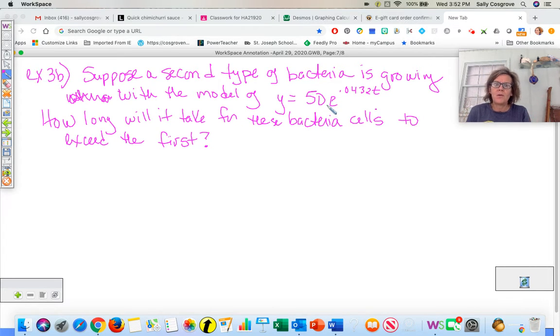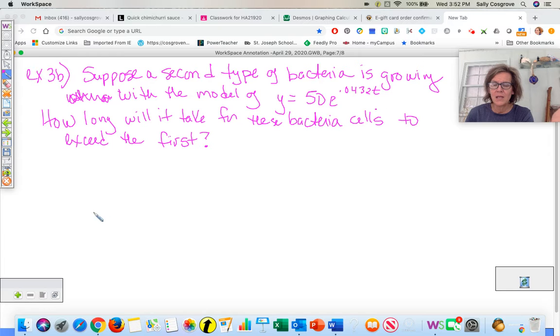So even though the first example is starting out with more, since the second example is growing faster, at some point it's going to overtake and exceed in amount of the first. And so that's what we're looking for. How long? So that's a time problem, and we don't know, okay? But we can find out. This one's a little more involved, so hang with me, okay?